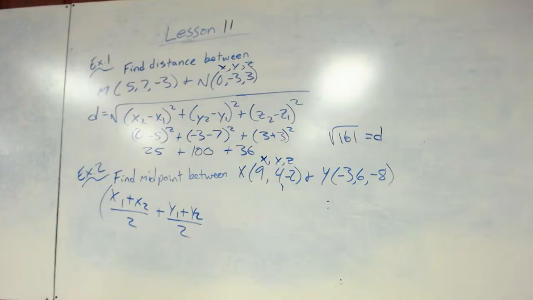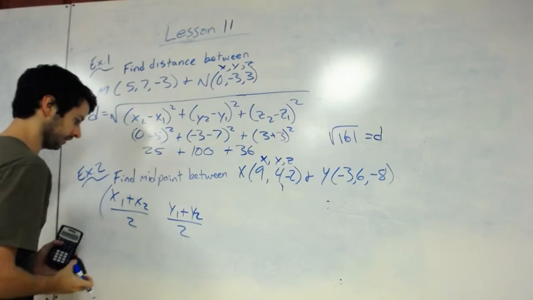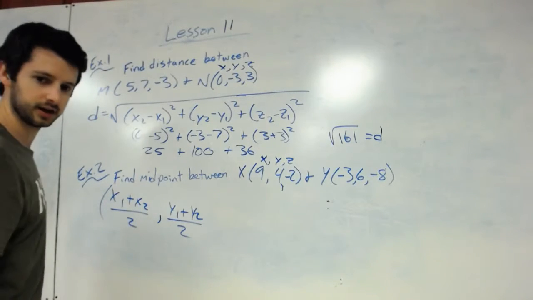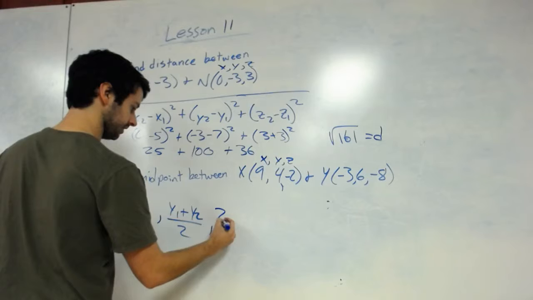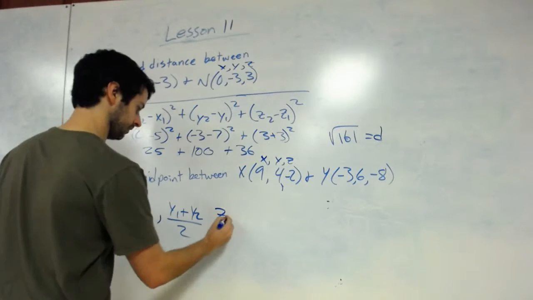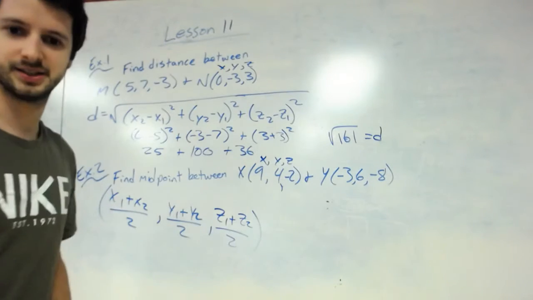These are separate coordinates. Previously we closed the parentheses there, but now we're just going to add the z of 1 plus z of 2 divided by 2. That's it. And then you solve.